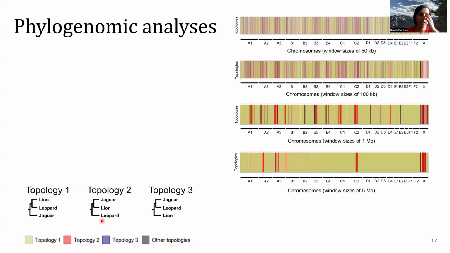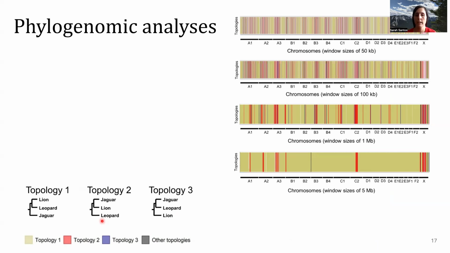And so the first thing I did was to generate different window sizes. So we had from 50,000 base pairs to 5 million base pairs in the genome, just different fragment sizes throughout the genome for different chromosomes.